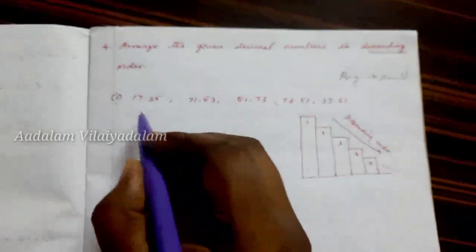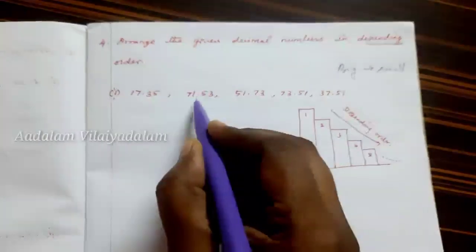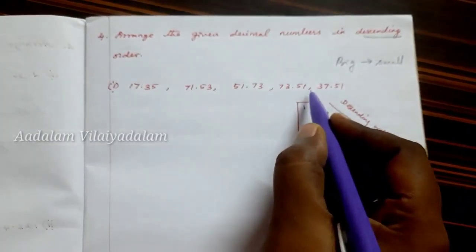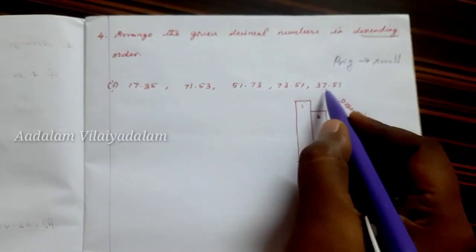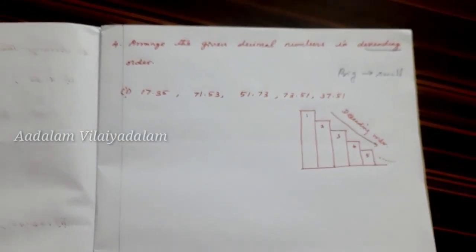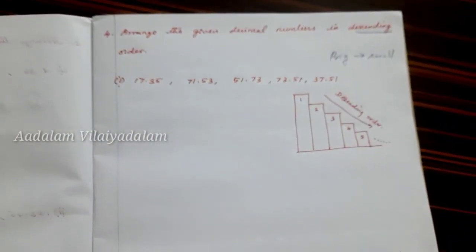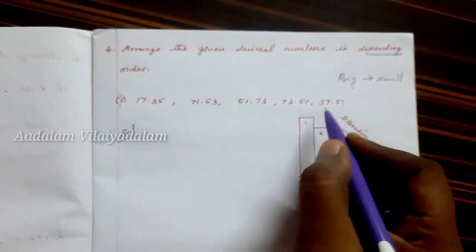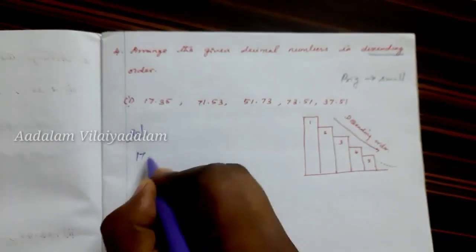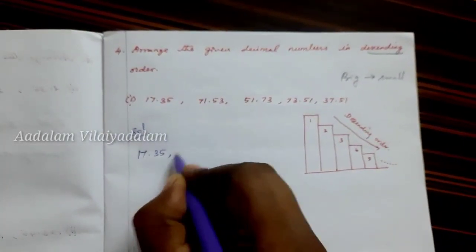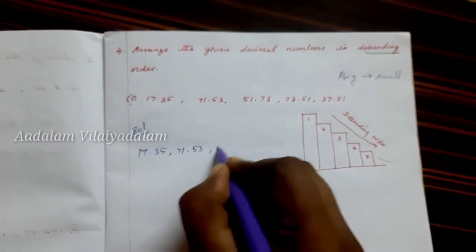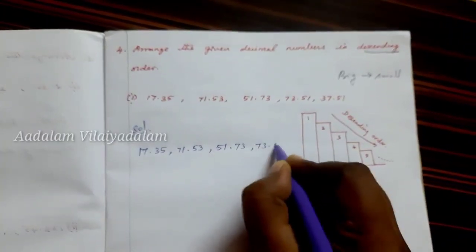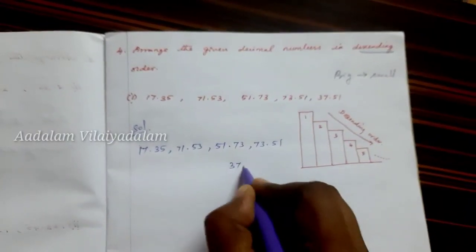Here the first subdivision is 17.35, 71.53, 51.73, 73.51, 37.51. So here let us arrange it in order. So let's write the numbers: 17.35, 71.53, 51.73, 73.51 and 37.51. So this is the given.